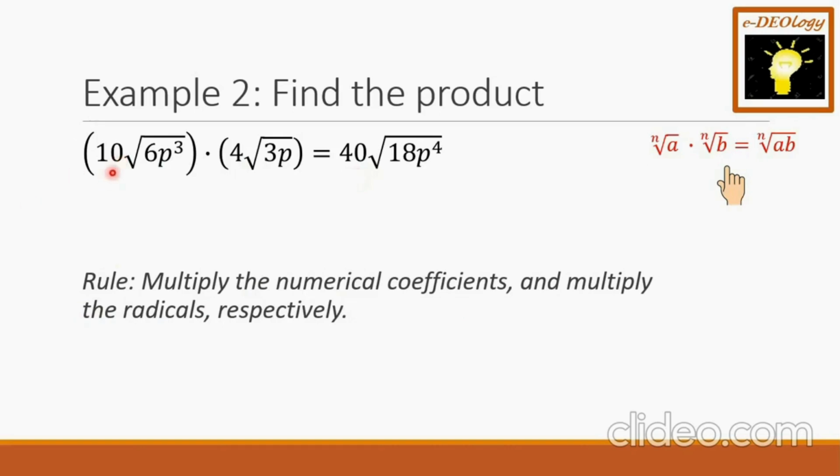So in here I multiply the 10 and the 4, and that is 40. And for the radicals, I must check first if the index are same. So both are square root, so we have the same index of 2. So we are to multiply now the radicands. So the 6 multiplied to the 3 becomes 18. The p cubed times the p equals p raised to 4.